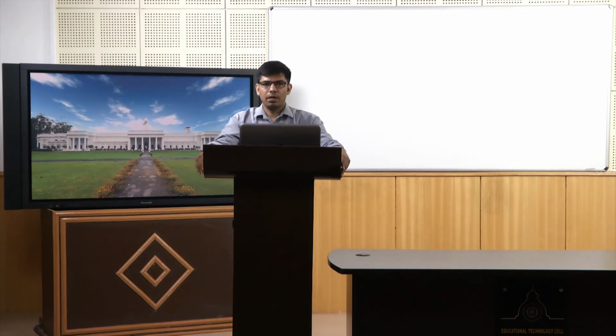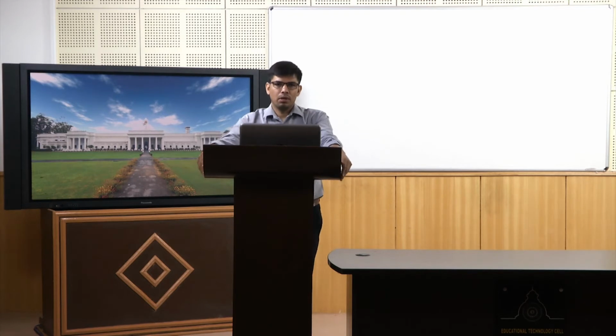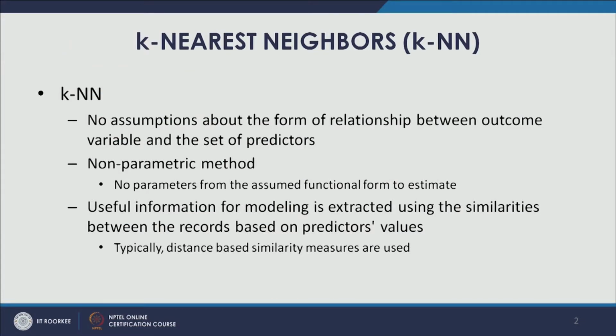However, in data mining techniques, no such assumptions about the form of relationship are made. Therefore, the very first point about KNN on this slide is that there are no assumptions about the form of relationship between outcome variable and the set of predictors.